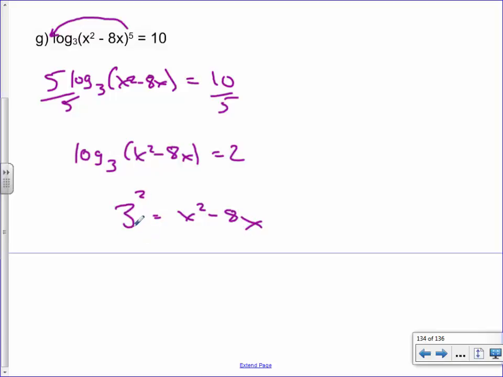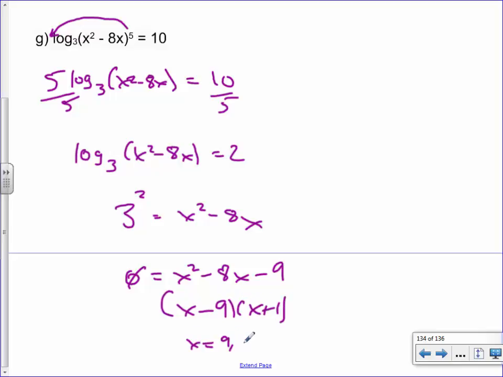Okay, so squaring 3 is just 9. Would it be okay if in multiples, I just combine 2 steps? Make that 9, and then bring the 9 to the other side, so that you have 0 equals x squared minus 8x minus 9. It's quadratic, so you'll get, what, x minus 9, x plus 1, which means x is 9 and negative 1.